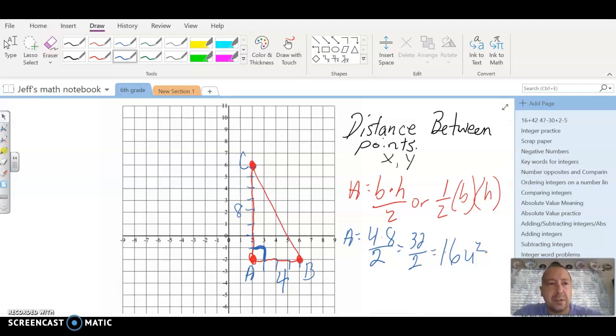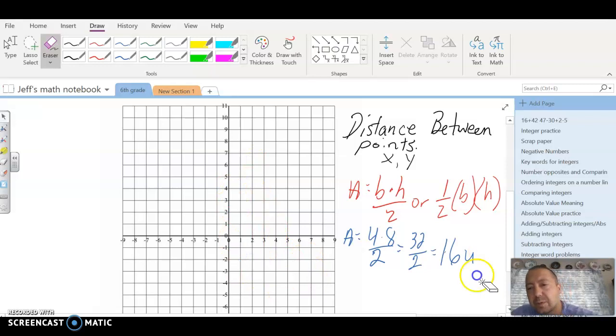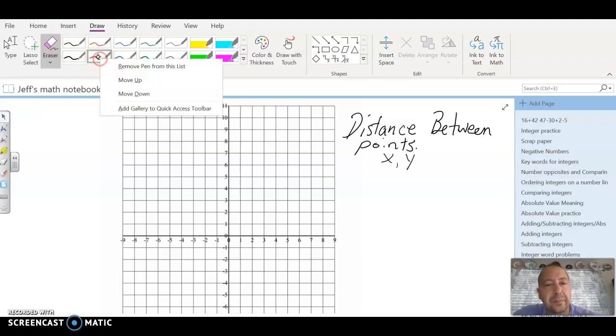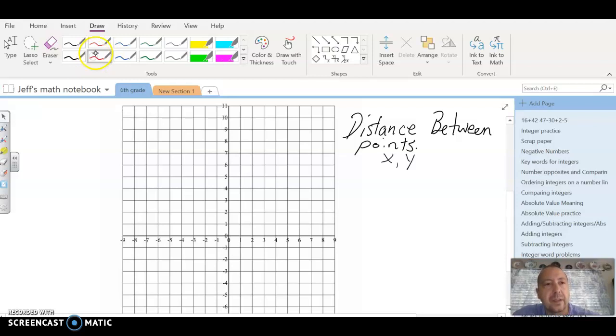Now, what happens if there's a composite shape? Well, let's look at the composite, which means we have multiple shapes combined together. So let's draw a figure here on the screen.